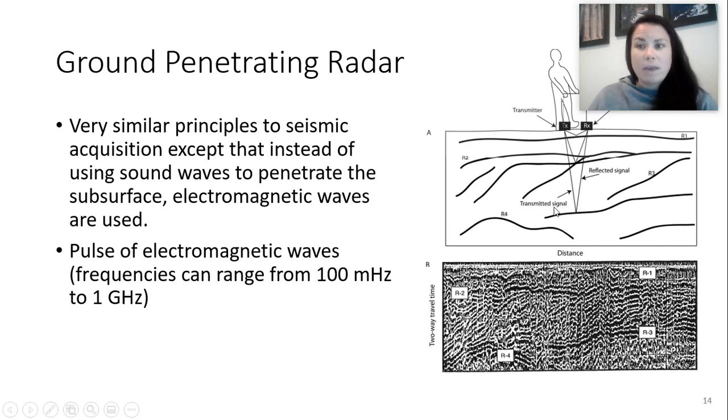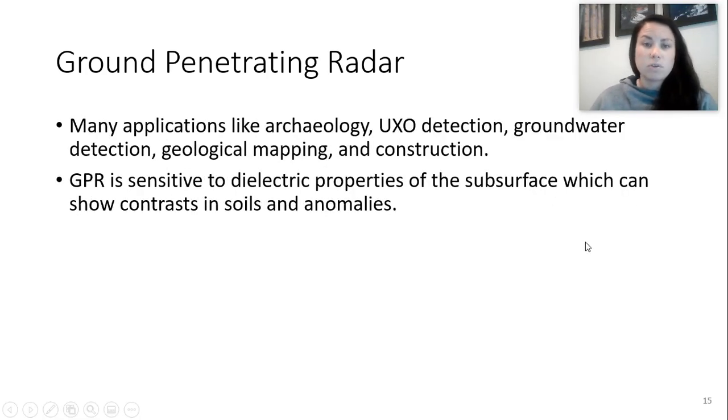Now, electromagnetic waves react differently to things in the subsurface, like presence of fluid, more so than necessarily changes in velocities. So there's applications for GPR like archaeology, unexploded ordnance detection, groundwater detection, mapping, construction.